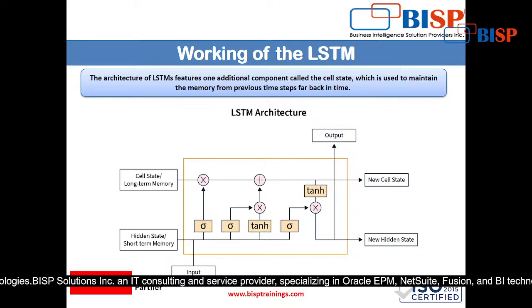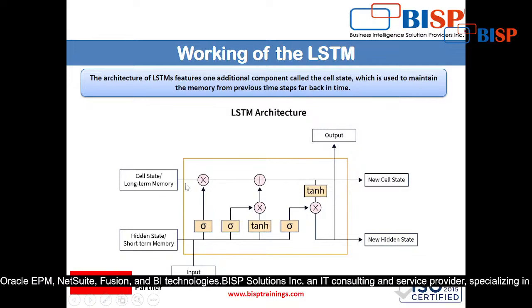Now the cell state, as I told you, in the human brain there are neurons and memory store locations, right? The same concept is used here. Here also, look at this, the cell state, long term memory.